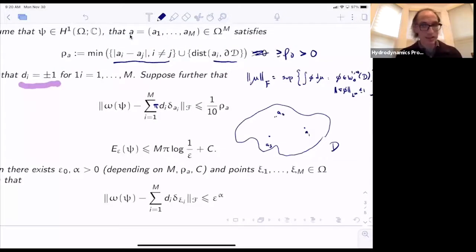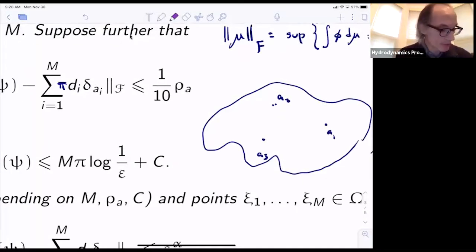the vorticity is concentrated around these. It looks like these delta functions, and there's a mistake here. Okay, and so we should think of this as saying that the vorticity is concentrated around here and around there. No, actually, sorry, here's what it says.